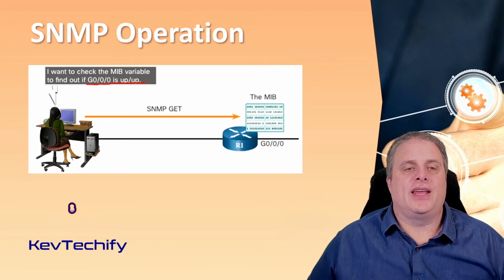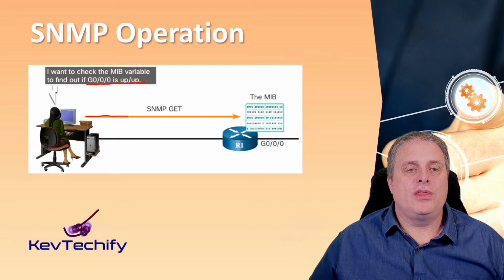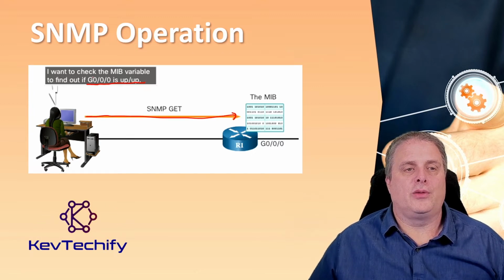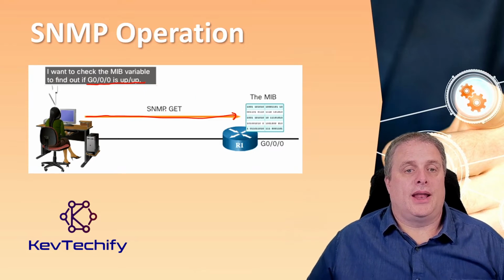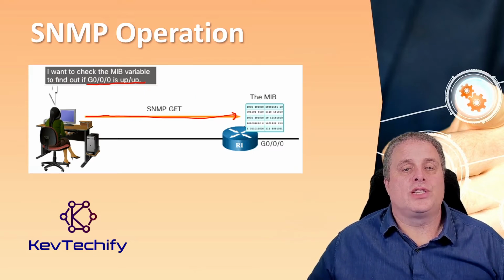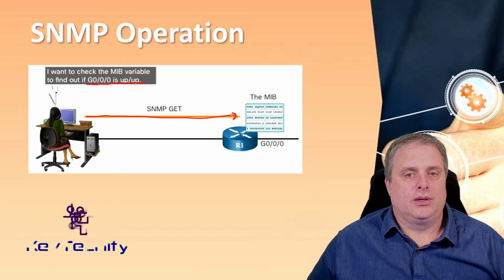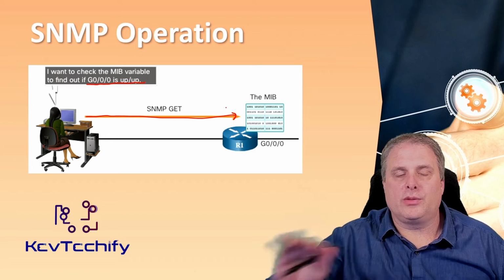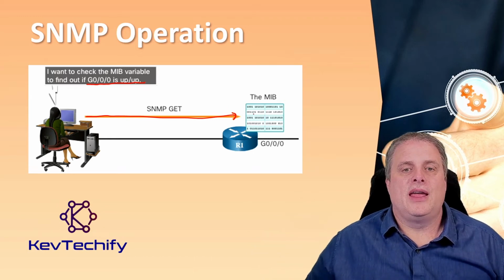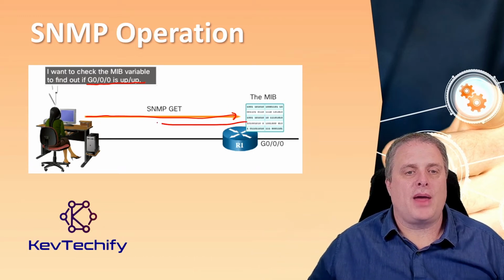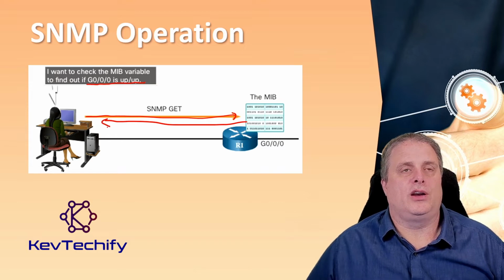We send that SNMP get saying, I want the value for the variable that tells me if G0/0 is up. That SNMP get goes over to R1. R1 searches the MIB. Once again, the MIB is the listing of all the variables and the values associated with it. It finds it, and then it responds back to the network manager with that variable.